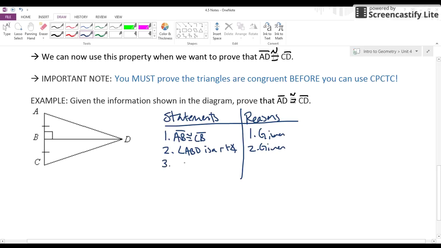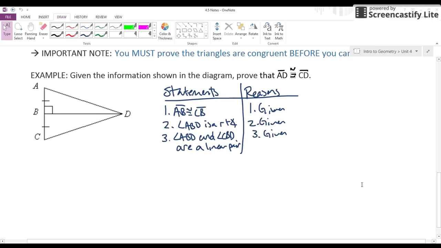I know that angle ABD and angle CBD are a linear pair, and that's all from the diagram, right? So what I can do from that is basically flesh out that SAS proof from earlier.